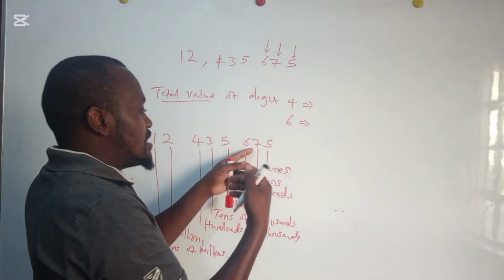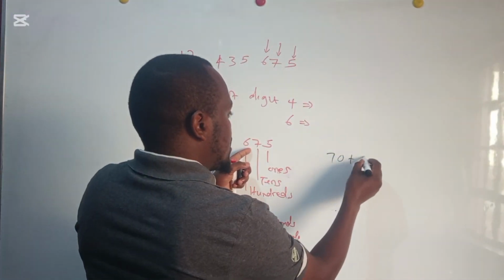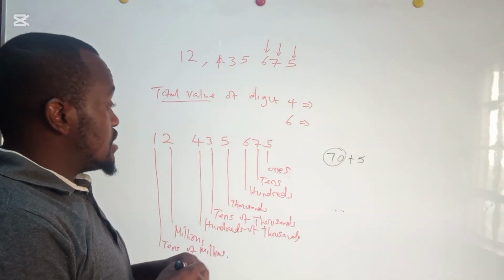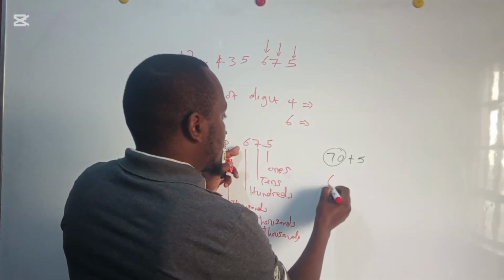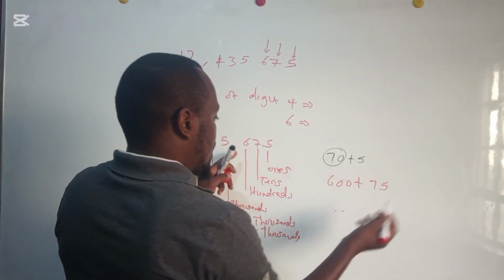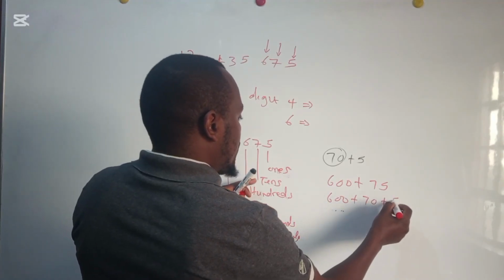Here we have 75. So we have actually 70 plus 5. So on the tens, it is 70. What about 6? We have 600 plus 75, or you can say 600 plus 70 plus 5.